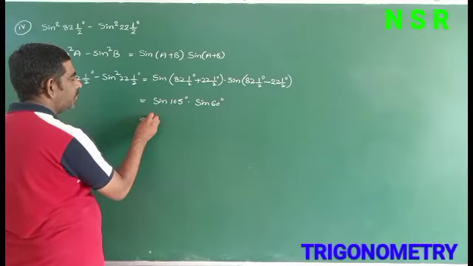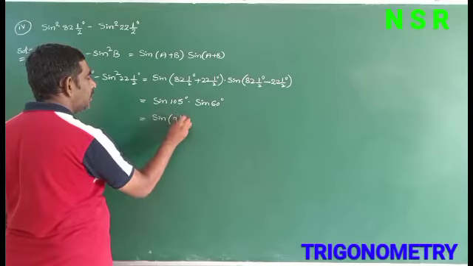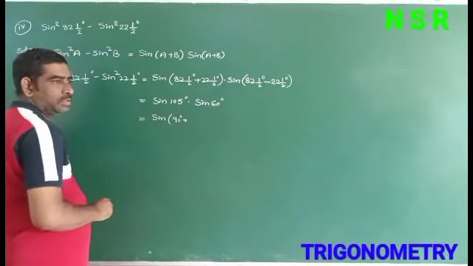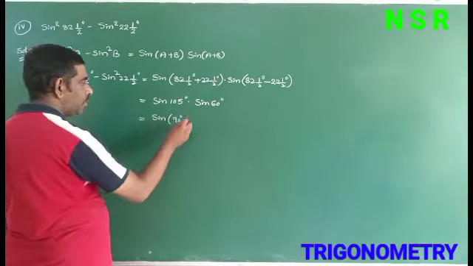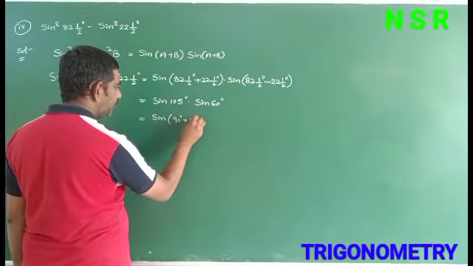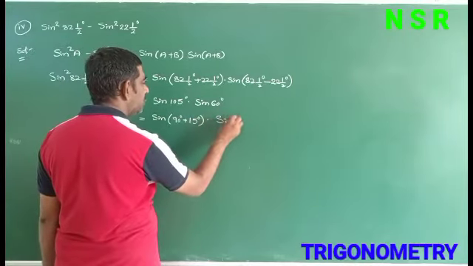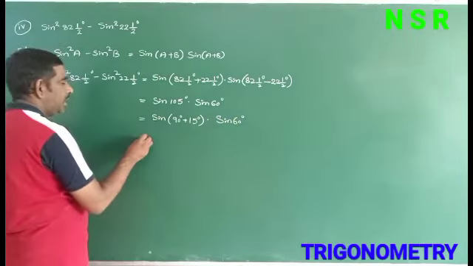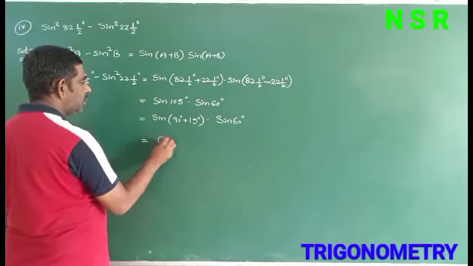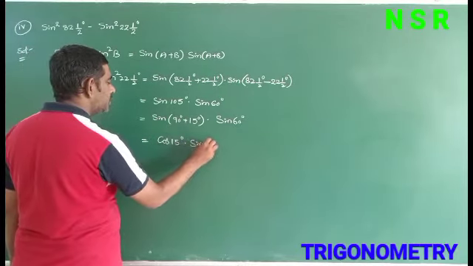So we don't have the sin 105 value. So write 105 as 90 plus 15, into sin 60. Sin(90 plus theta) is cos theta. So cos 15 into sin 60.